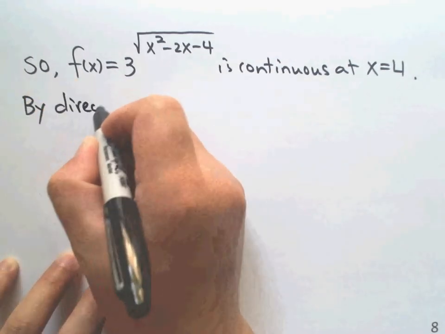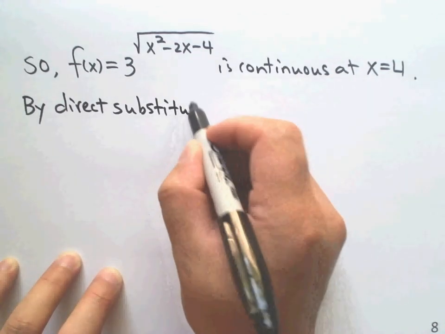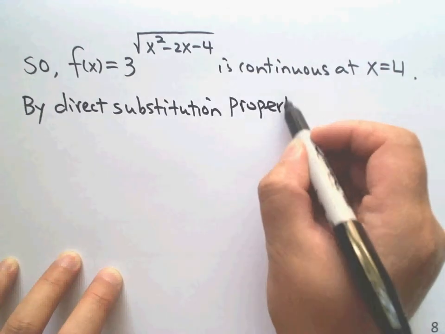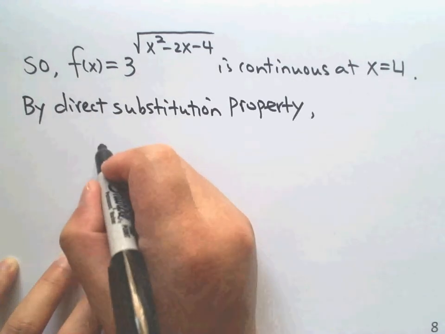This is continuous, we can use direct substitution. So by the direct substitution property, we put it.